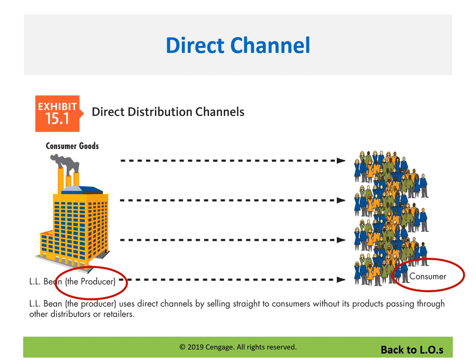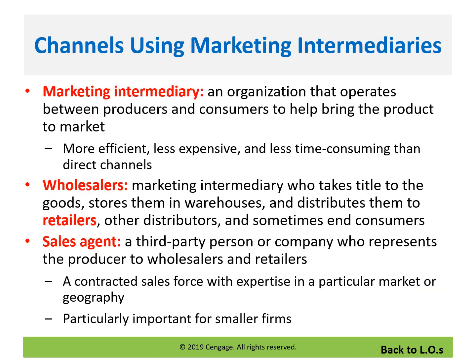Take note that a company partnering with FedEx or DHL, for example, to deliver their product to the customer is still considered a direct channel. In this case, FedEx or DHL is just a logistics partner. They aren't a part of actually marketing the product.